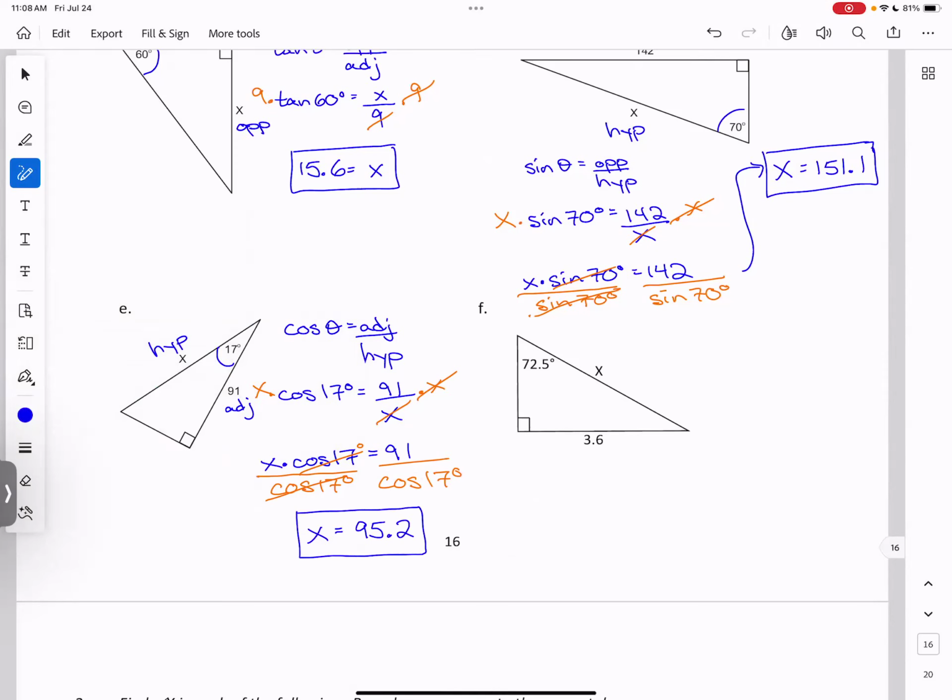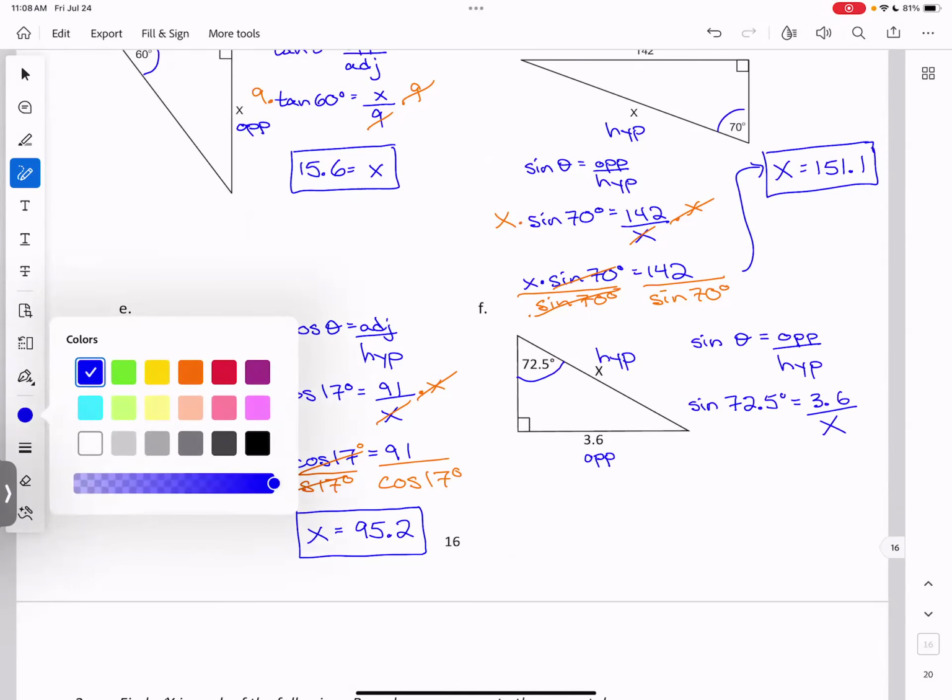Okay, last one where we're solving for side length. So let's label this. Relative to my angle, 3.6 is my opposite side, x is my hypotenuse. So I'm looking for a ratio involving O and H, which is sine. So sine of any angle theta is opposite over hypotenuse. So sine of 72.5 degrees is 3.6 over x.